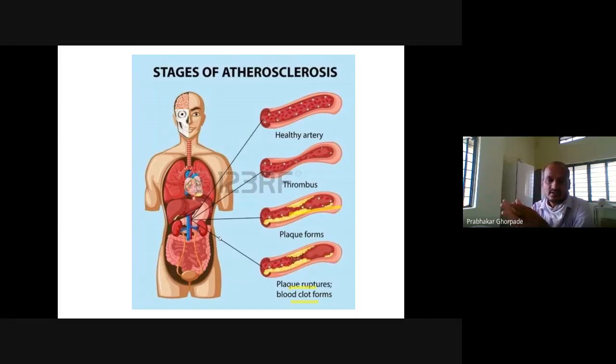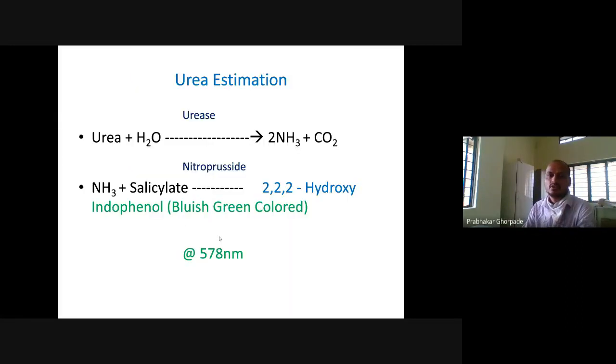For example, coronavirus sometimes may cause clot formation in the body, and that is not good for the body, because if the blood vessel supplying that organ gets blocked, you will have damage in that organ. Likewise, in atherosclerosis, the cholesterol plaque is blocking the particular artery or blood vessel, and that is not healthy for our body.